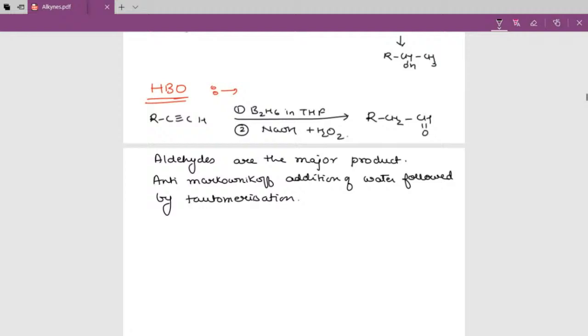Is that okay? So once we have these aldehydes, the mechanism is also the same, that boron will be formed, boron and H will be attached, a very crowded transition state is formed, then attack of H2O2 plus NaOH forms an anion and all those things. Yes, it is syn and all, everything is the same.